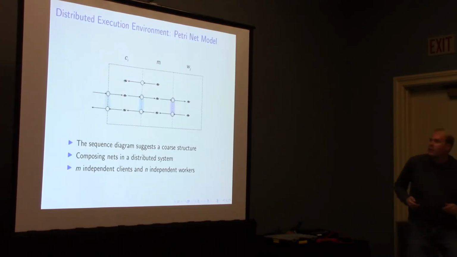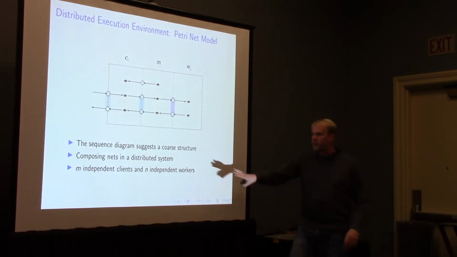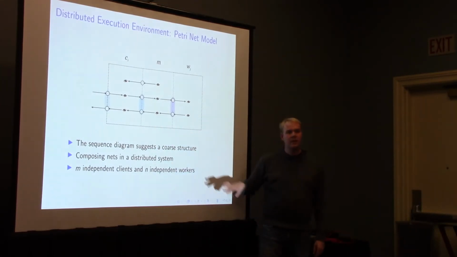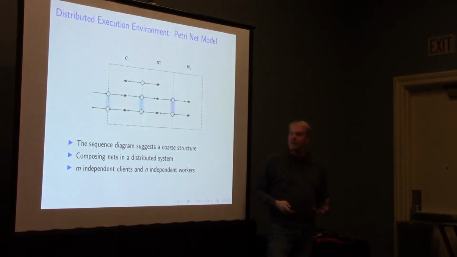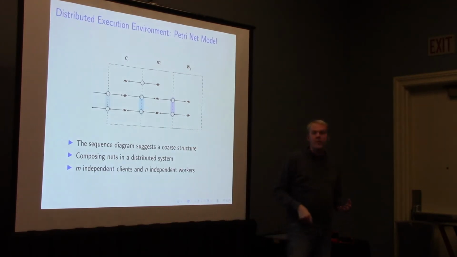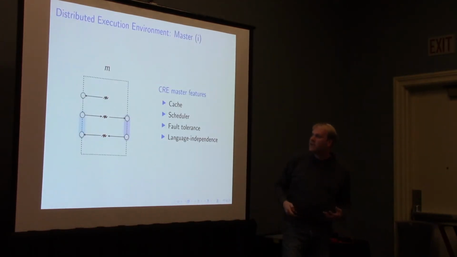Wrapping up, essentially we end up with these three Petri nets and these three interfaces, which are represented by places in the Petri net. I will only show you the middle one, which is the master.